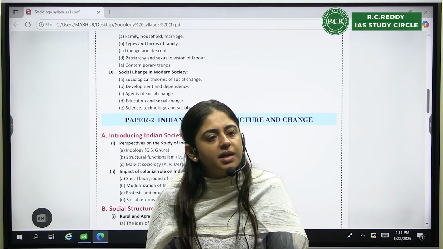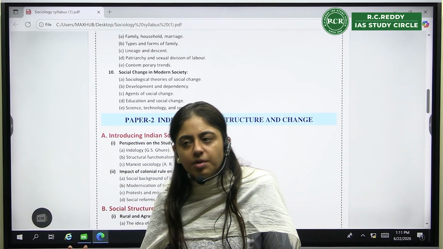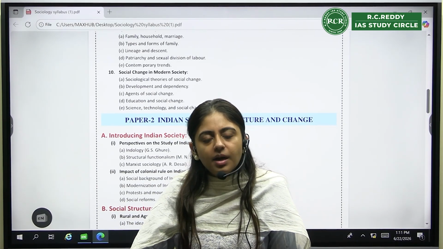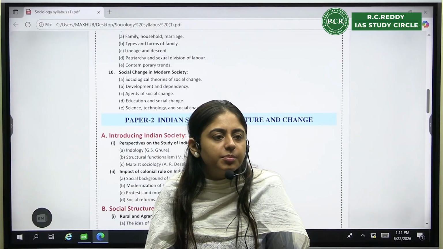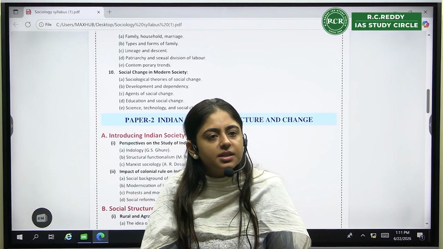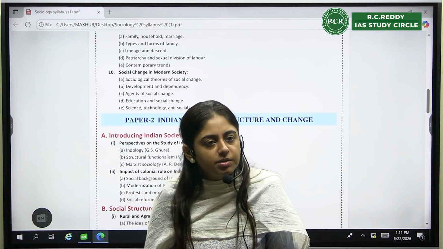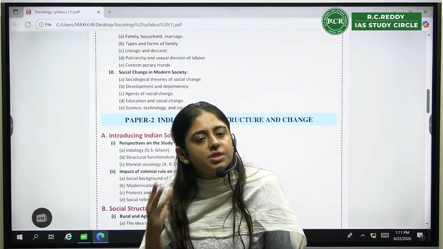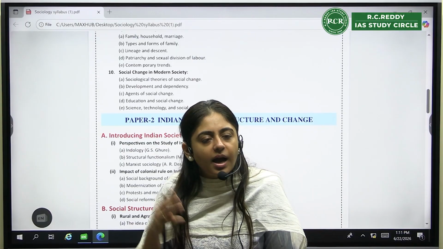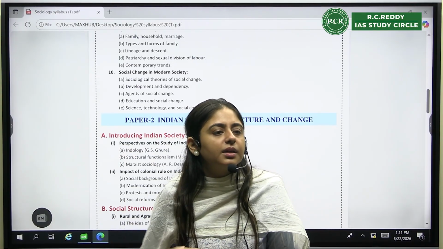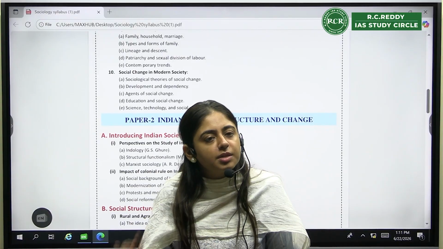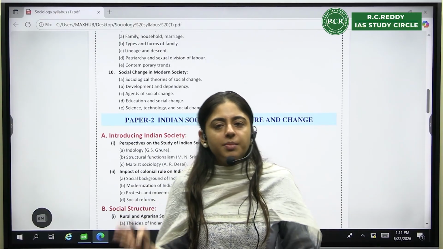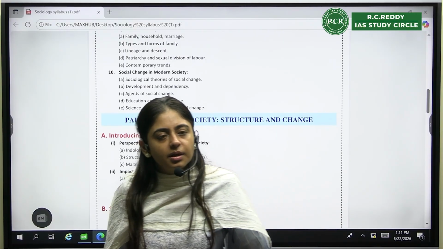One thinker is Marxist. So whatever Marx talks about, he talks from an Indian perspective. One different thing is Indology. His approach is you read Indian scriptures, and then you study Indian society. So even the three thinkers given in paper 2 have taken inspiration from paper 1 thinkers only. So their point of view is similar in nature. You don't have to do some extra practice for paper 2, right?